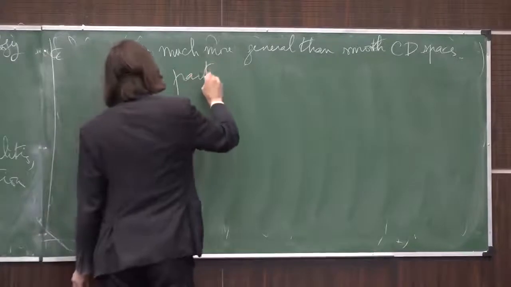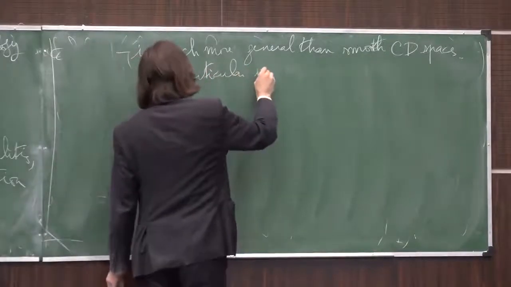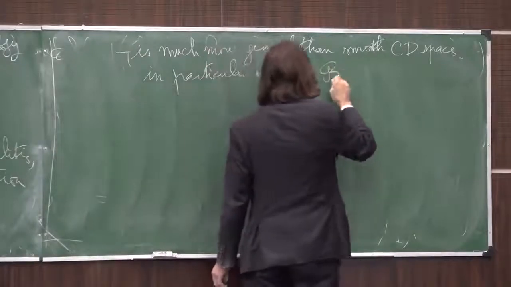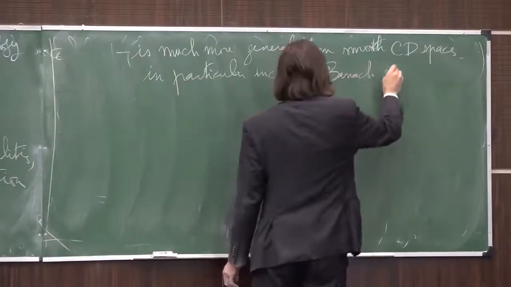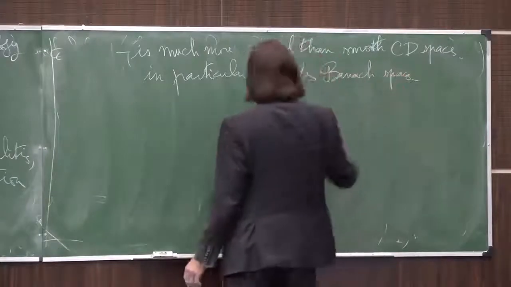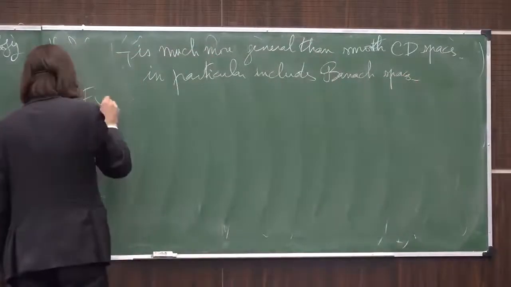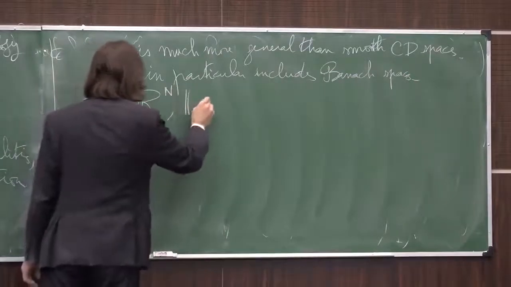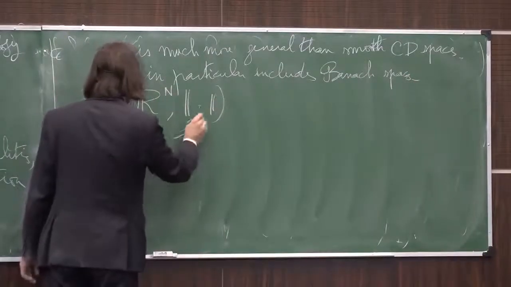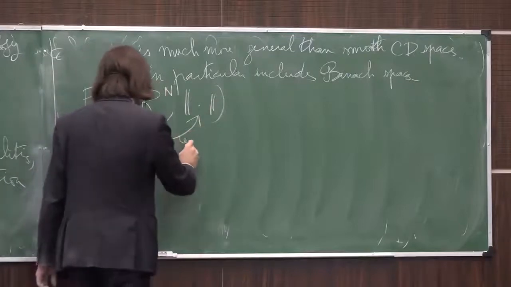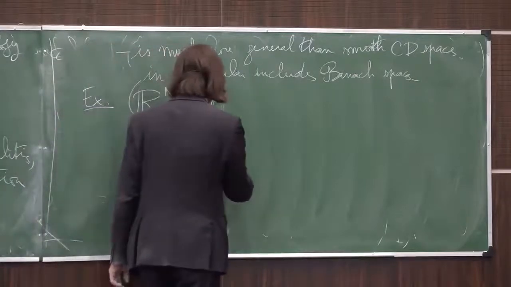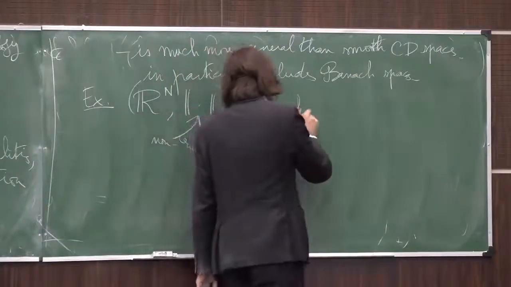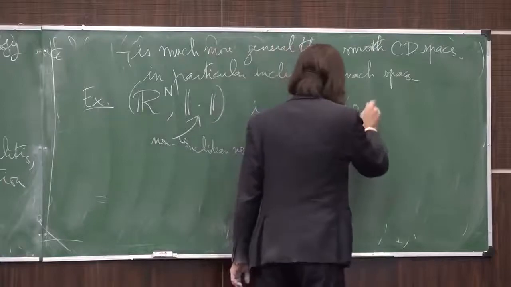For instance, because it included, in particular, Banach spaces. Well, for example, if you take any norm on R^n, and here you put a non-Euclidean norm, this is a weak CD(0,N) space.